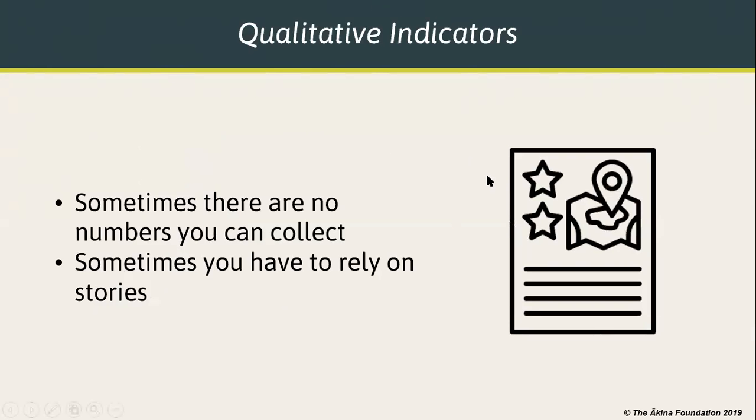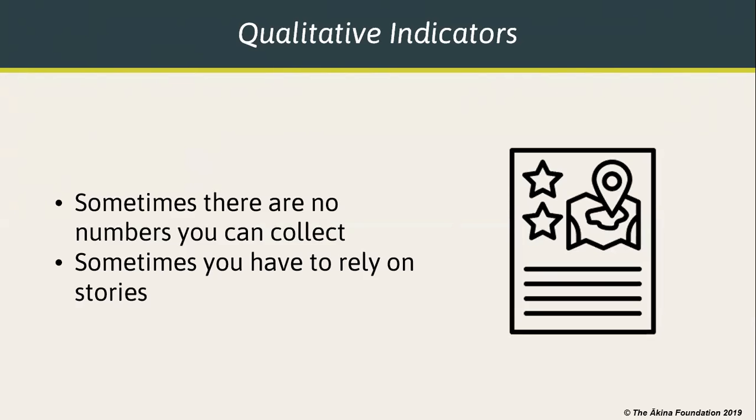So we've talked about quantitative indicators. We think it's really important to also include qualitative indicators, particularly since a lot of the organizations we expect you're working with are startups, early stage, smaller organizations. They're doing innovative things. They probably want to learn quickly and be able to tell stories effectively.